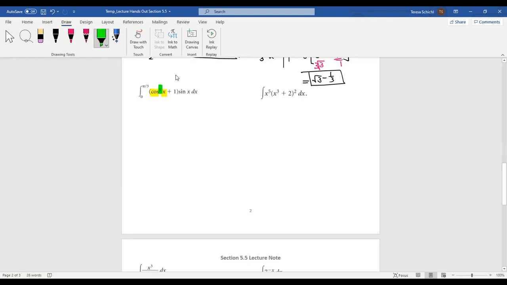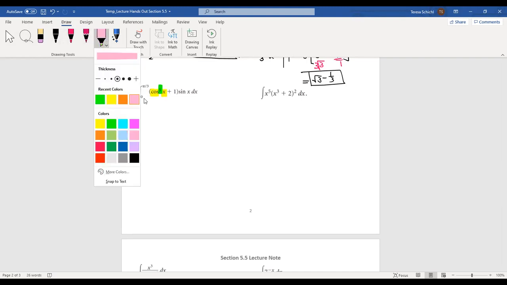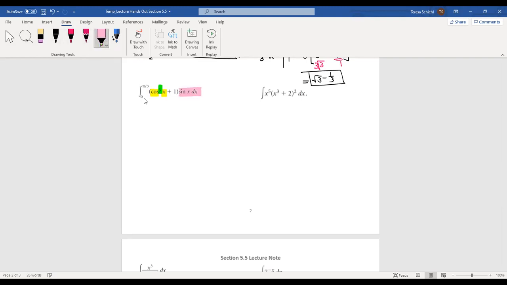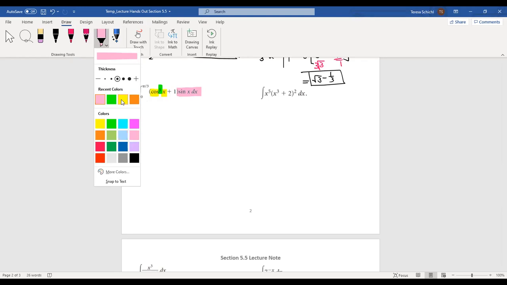The other remaining things here: I have this sine x dx here, and I also have this remaining here.